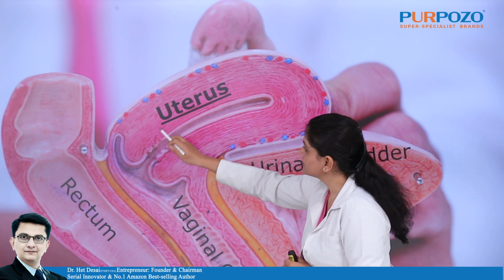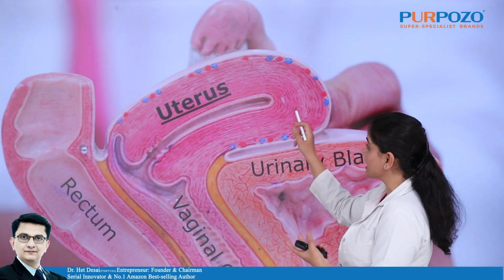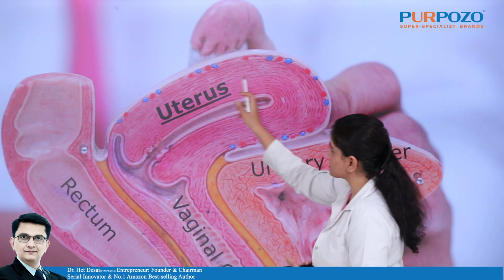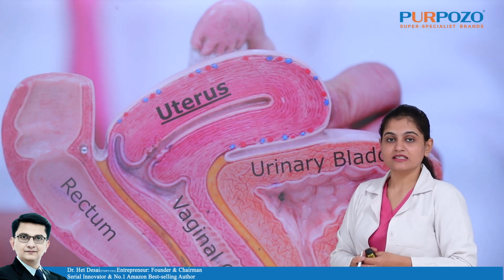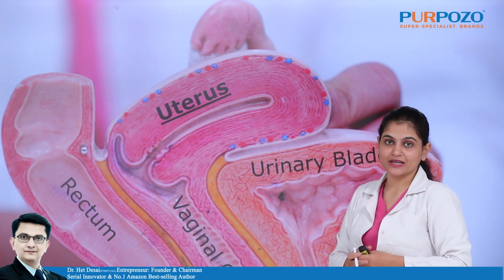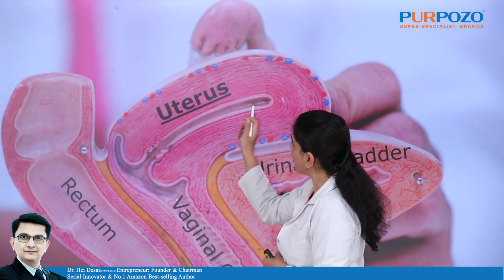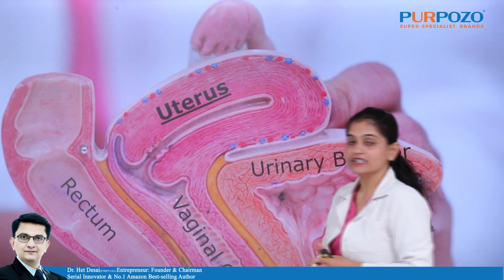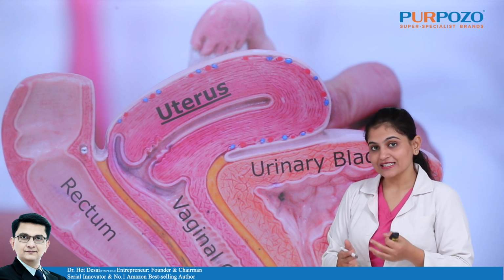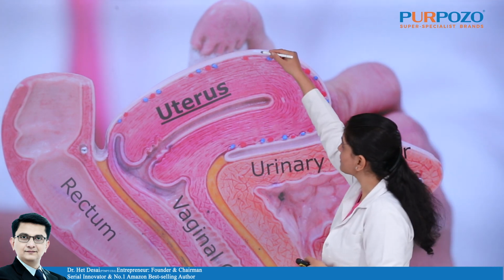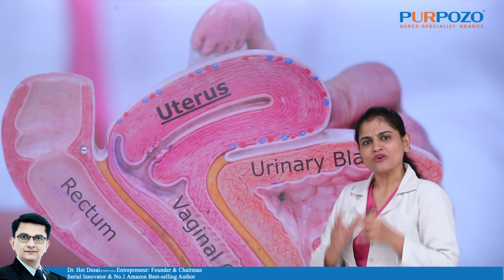Then the middle layer, you can see the thick pinkish colored structure throughout. This is the middle layer, the myometrium, and the inner layer of the uterus is the endometrium. So, the uterus has 3 layers: the outer layer, the middle layer and the inner layer.